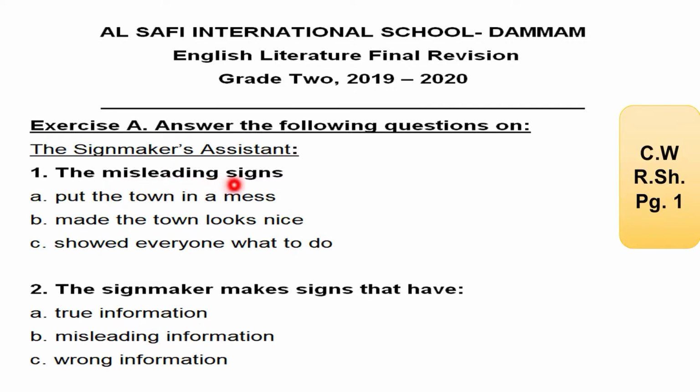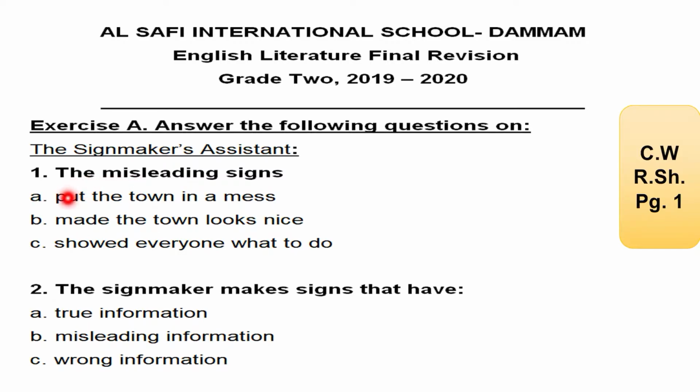Wrong information. Yes. So, who made these misleading signs? The old sign maker? No, Norman is the one who made all of these misleading signs, as you can see. Naughty kid, naughty kid.